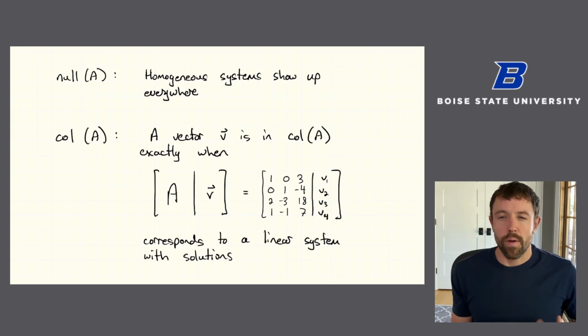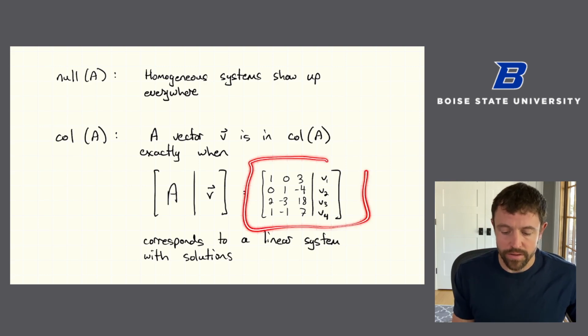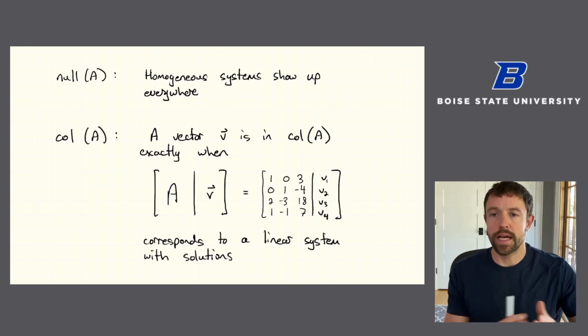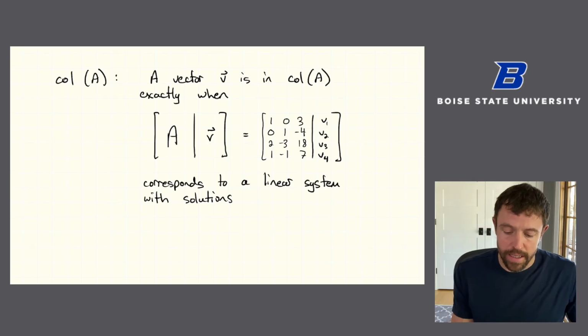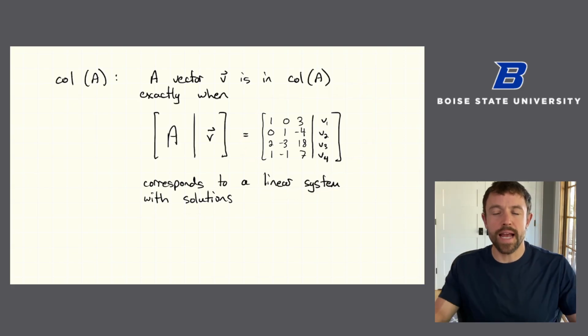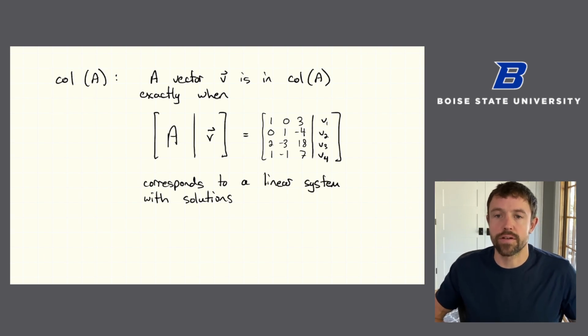If we want to know whether we're going to get a solution to this, if you think of this not as an augmented matrix or a linear system, but as a single vector equation, this vector equation is asking whether the vector v is in the column space of A. Or in other words, a vector is in the column space of A if this linear system is a linear system with solutions. So we've already kind of worked with the column space, although we haven't had to use that terminology.